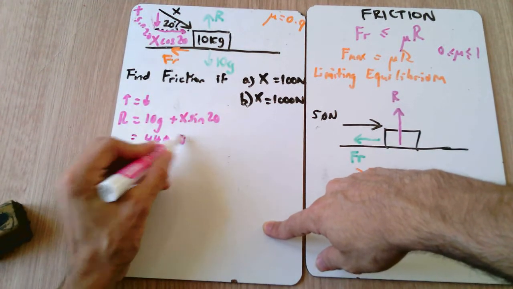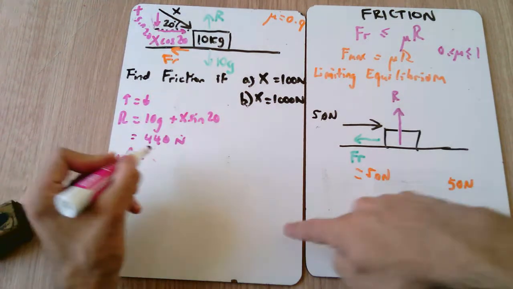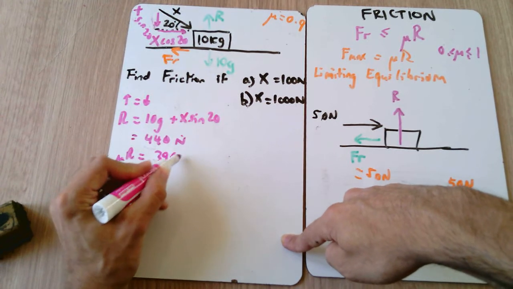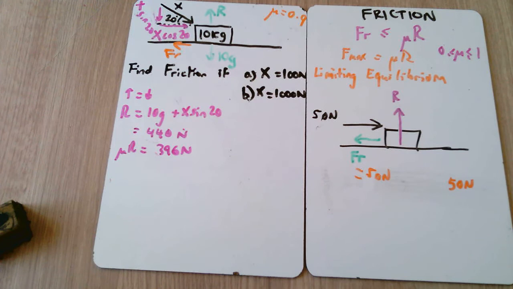If we multiply that by 0.9 to get our value of mu R, that gives us 396 newtons. And now we need to see if x cos 20 is going to overcome that.